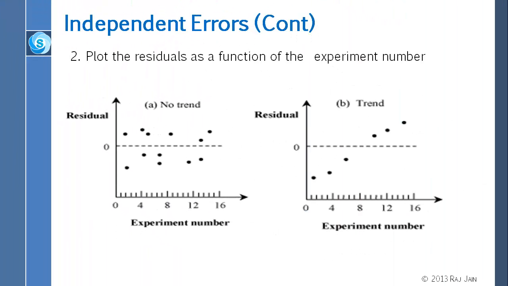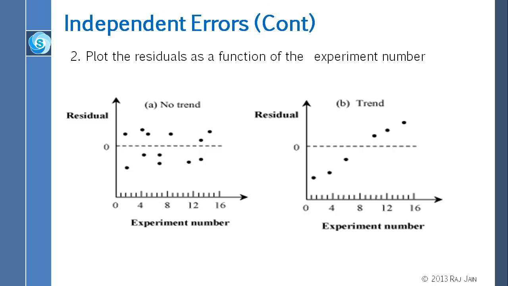Then you plot errors as a function of experiment number 0, 1, 2, 3, 4, 5, 6. Just the order. You're just trying to figure out whether the errors are independent, right? If they are still random, no problem. If there is a trend, then you know that there is something going on with the experiment. Maybe the cache is getting filled. Maybe the disk is getting filled.